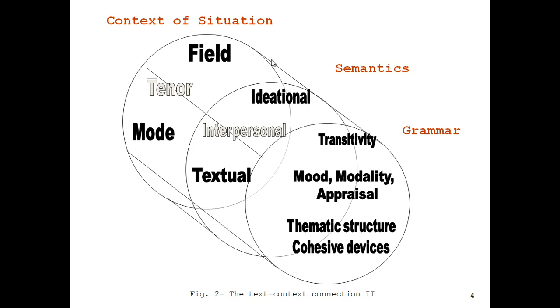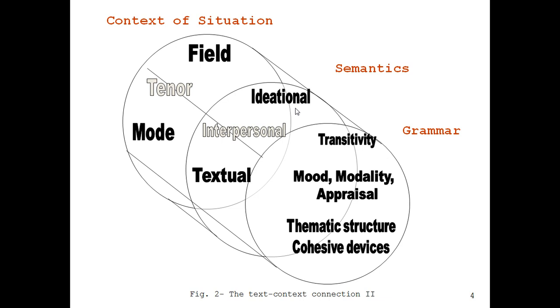And that field may also be described as the ideational dimension of the situation. Ideational in the sense that it expresses the reality that we're talking about. We'll see that together with ideational, there's also another aspect of field that's called experiential. But for the time being, let's stick to what we have on the diagram and talk about ideational.